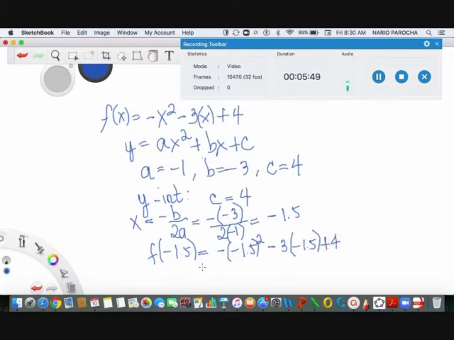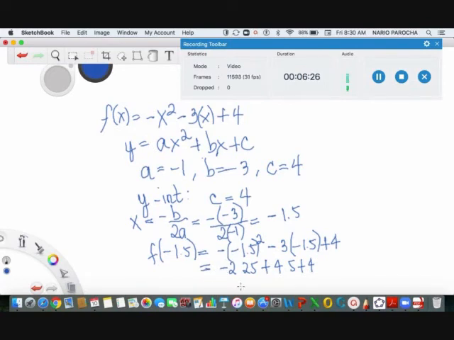Let's do this a little quickly, we're running out of space. The square of negative 1.5 is 2.25, multiplied by negative 1. Negative 3 times negative 1.5 is a positive 4.5, plus 4.